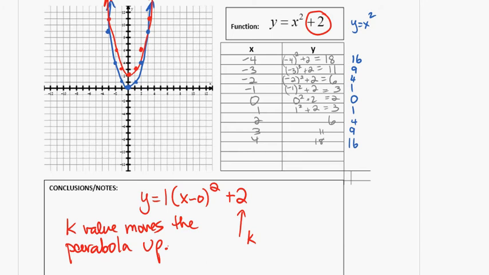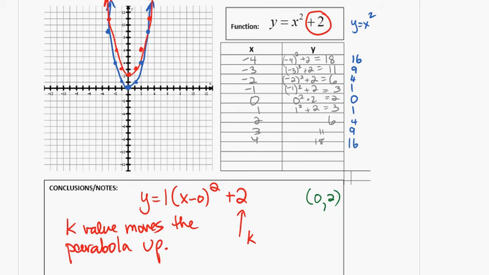Another thing you should notice, because graphing these one by one is painful, is where the vertex is. It's at (0, 2). So you notice something else there.